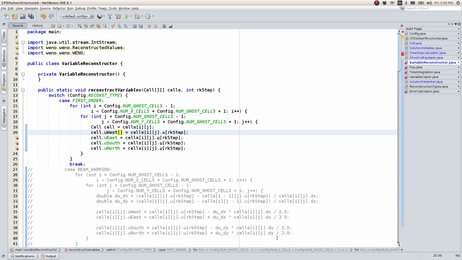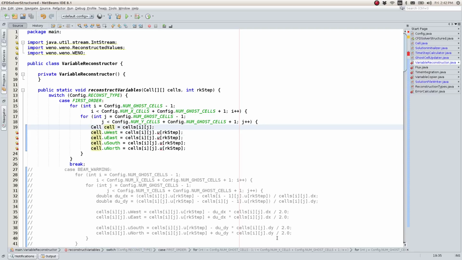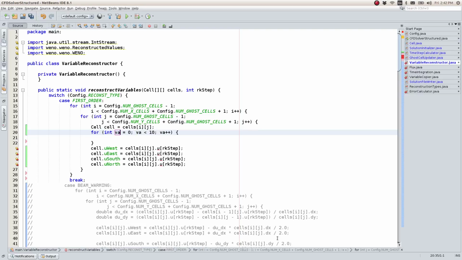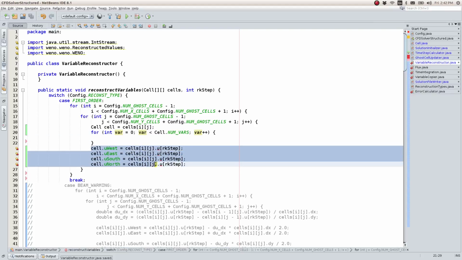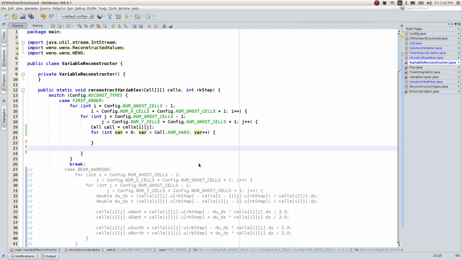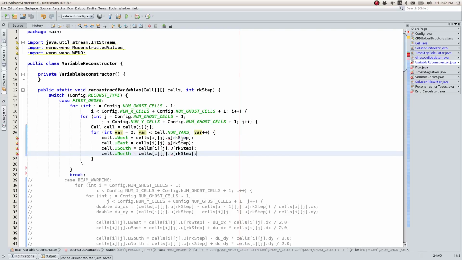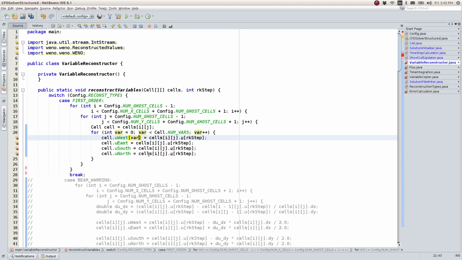Now we are going to have to set up each of the variables, and it's very easy. For each of the variables, number of variables, I just have to copy paste it right inside here, and now u west is going to be equal to each of the variables.